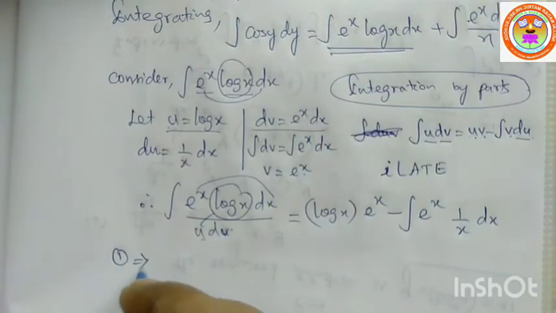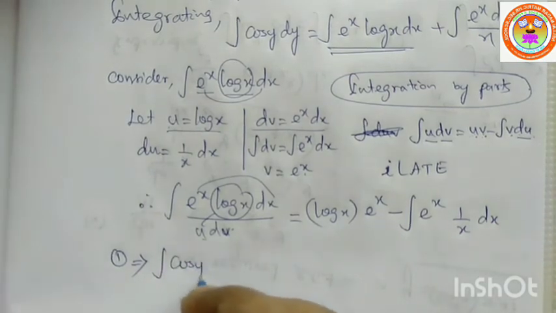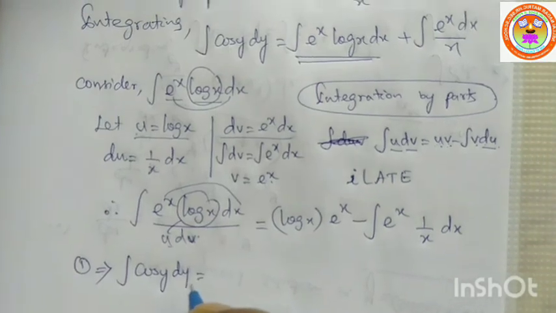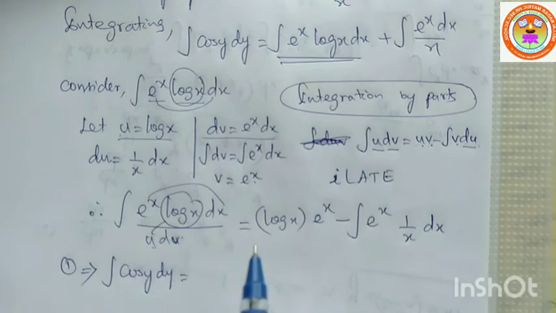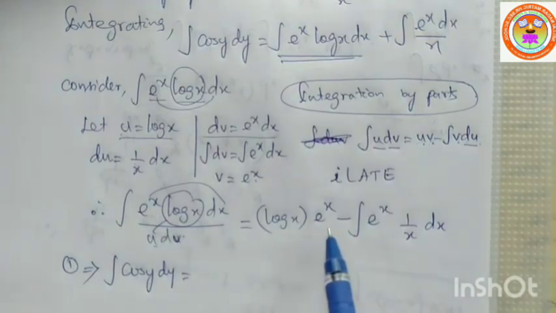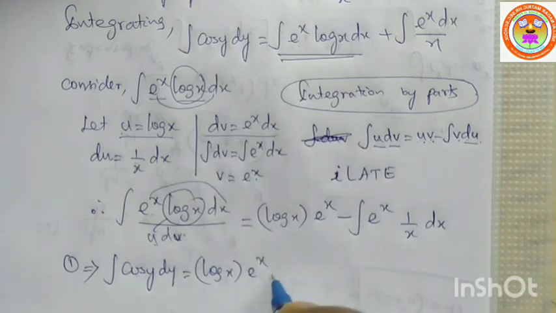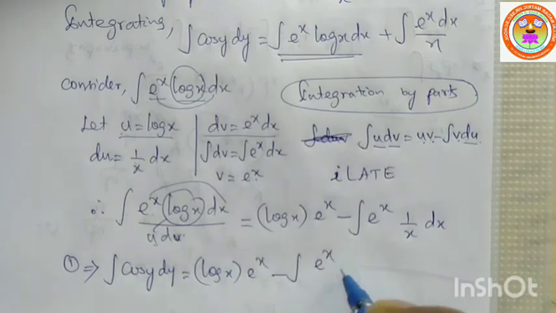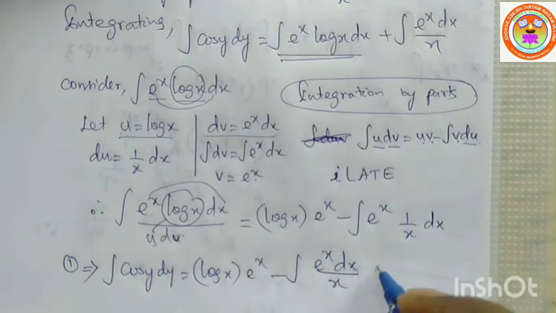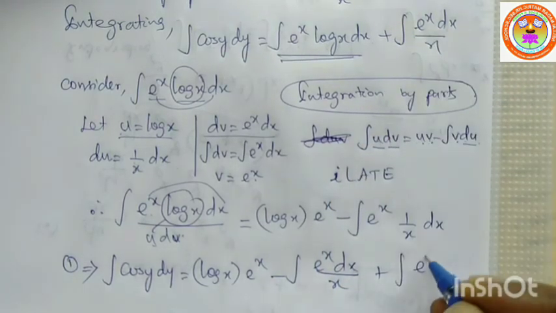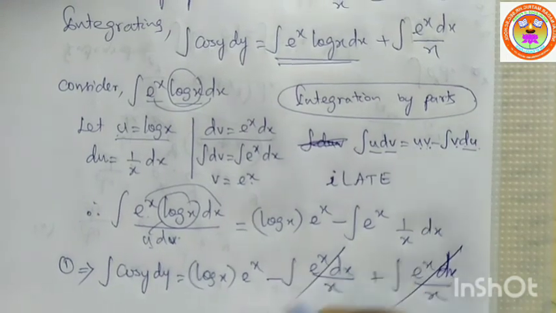So, equation 1 implies integral of cos y into dy is equal to integral of e power x log x dx. e power x log x dx is log x into e power x minus integral of e power x dx by x. Then plus, here we have integral of e power x dx by x. See, plus and minus term.